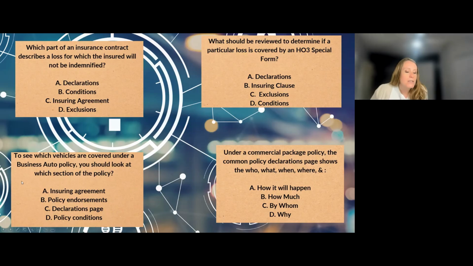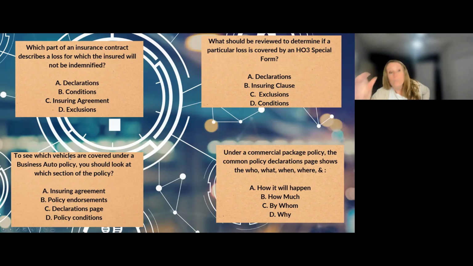This question here says, to see which vehicles are covered under a business auto policy, you should look at which section of the policy. The answer to this one is C, the declaration page. This is what I was talking about back on the prior slide, where I was saying this can get tricky for people between the covered perils versus that what, right? So this is talking about to see which vehicles or what vehicles are covered, right? So this is your what.